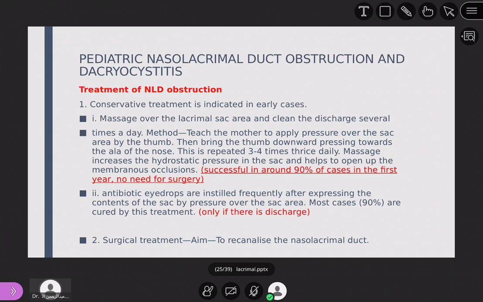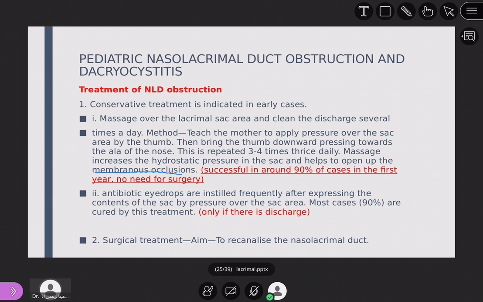Massage increases the hydrostatic pressure in the sac and helps to open up the membranous occlusion. The membranous occlusion, which is what? The valve of Hasner. It's successful in around 90% of cases in the first year. No need for surgery. So, in the first year of life, most infants will not need surgery.